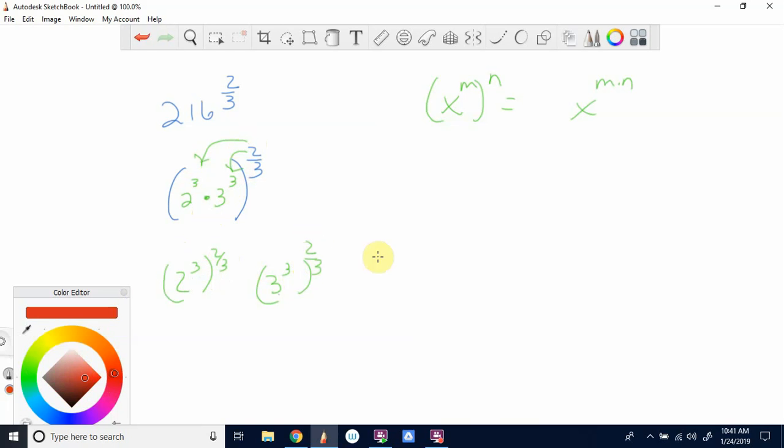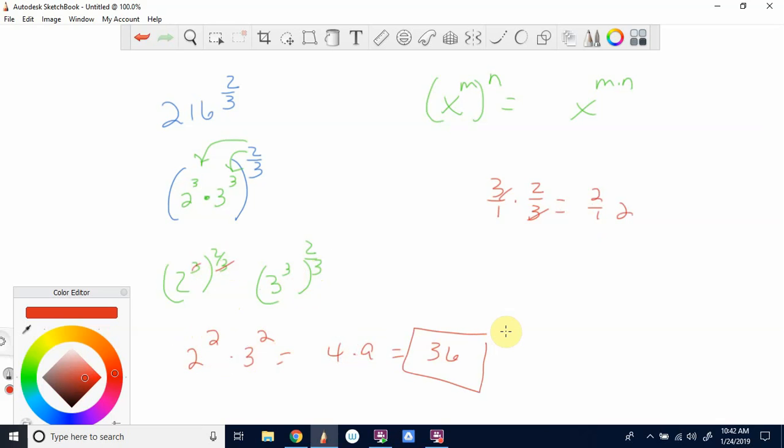Now, this is where you got to know your fraction rules really good. So 3 over 1 times 2/3 equals 2 over 1, or 2. So I'm left with 2 squared. This is the same exact thing, so I'm left with 3 squared. 2 squared is 4 times 9. So 216 to the 2/3 is 36.